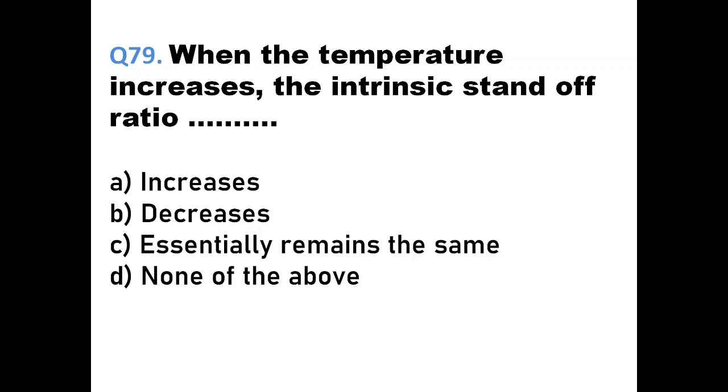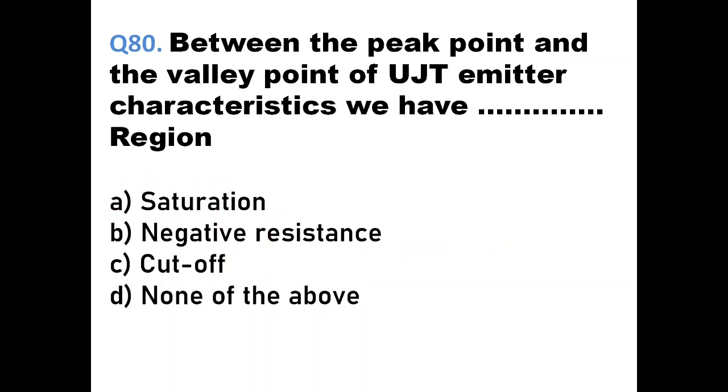You should not get confused with increasing or decreasing, because with temperature the resistance has to increase or decrease, whether it is a negative coefficient or a positive coefficient. But when you are speaking about a ratio of resistance, that is the intrinsic standoff ratio, then that will remain the same, because the effect will be on both RB1 and RBB. Clear?